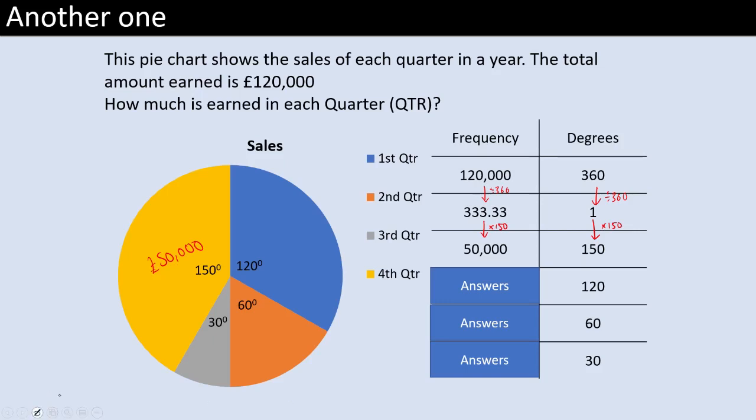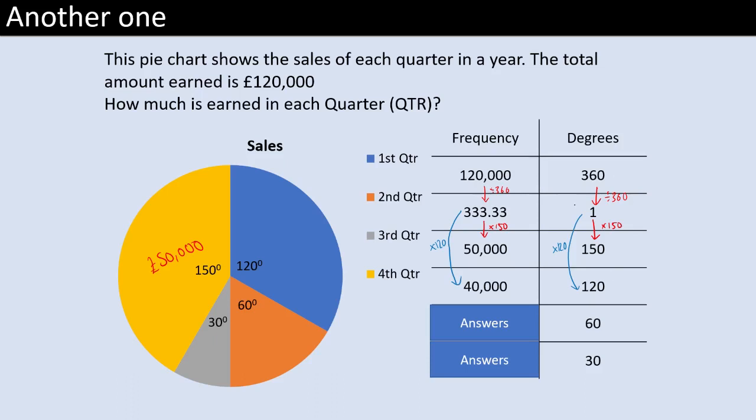I could use my 1 degree for all of them. So I could go 1 times by 120 to get my 120 degrees. So do the same on the other side and times by 120. And there we go. I'd have £40,000. But you could use the 360. You could have done 360 divided by 3 to get 120.